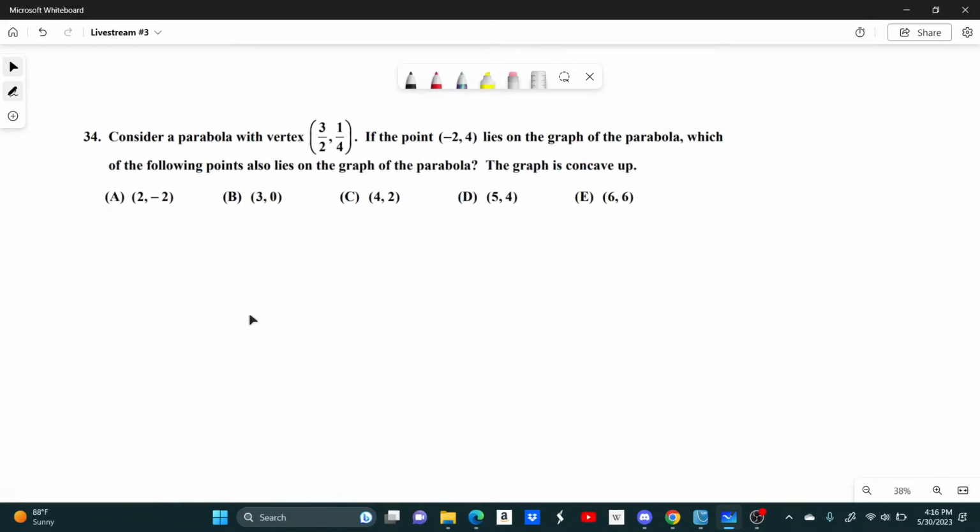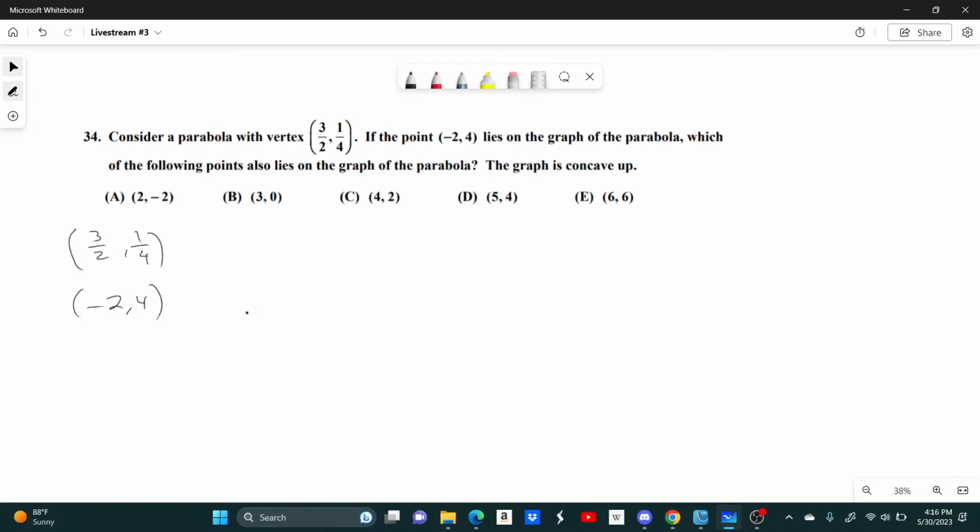Okay, let's see. Consider a parabola with a vertex at 3/2, 1/4. If the point -2, 4 lies on the graph of the parabola, which of the following points also lies on the graph of the parabola? Okay, so we have 2 points. We know 3/2, 1/4 is on there. We know -2, 4 is on there. And because that's the vertex, the parabola is symmetrical around the vertex.